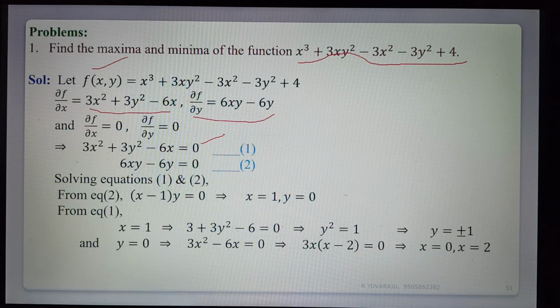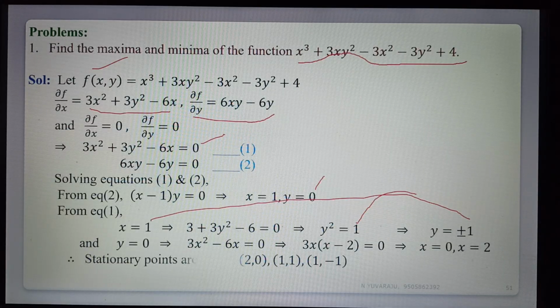Next, y is equal to 0, substituting in equation 1: 3x square minus 6x is equal to 0, 3x into x minus 2 is equal to 0, so x is equal to 0 or x is equal to 2. So we get 4 stationary points: 0 comma 0, 2 comma 0, 1 comma 1, 1 comma minus 1. Okay?